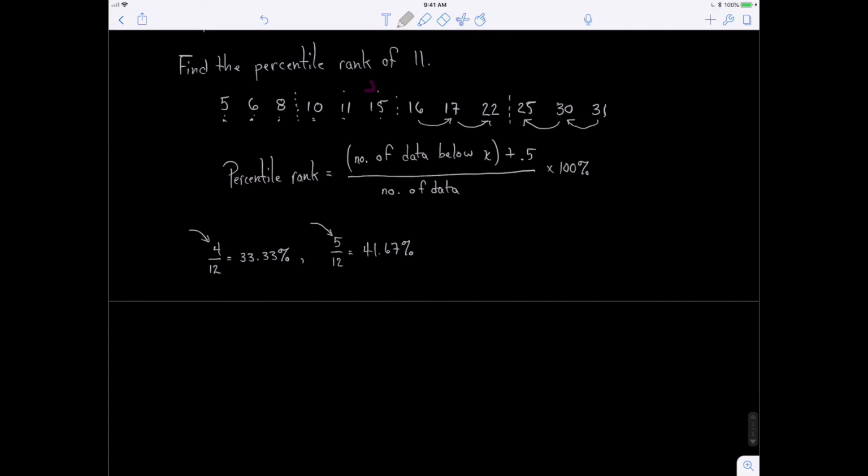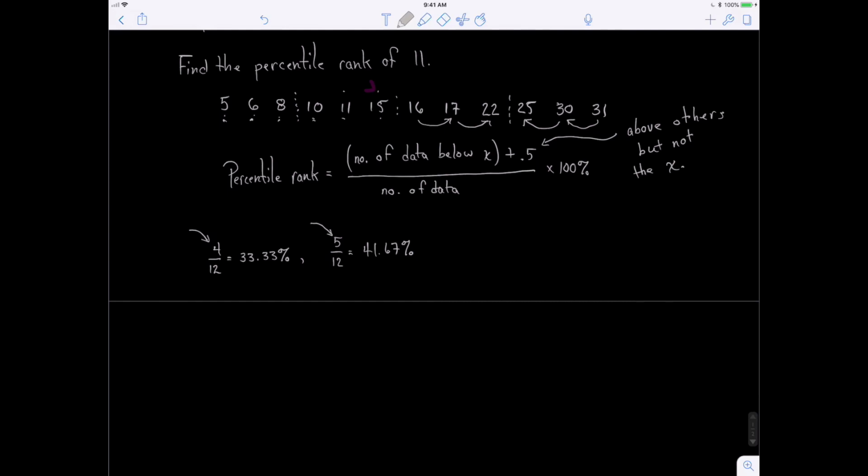So that's why we add this little half here, so that we're above others, but not ourselves. Not the desired value, not the x.